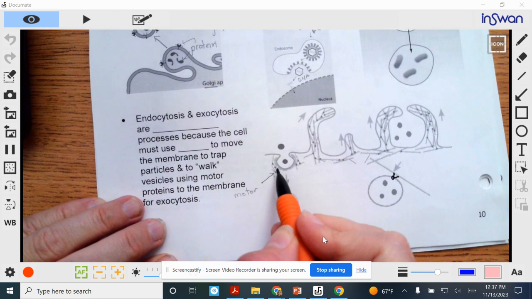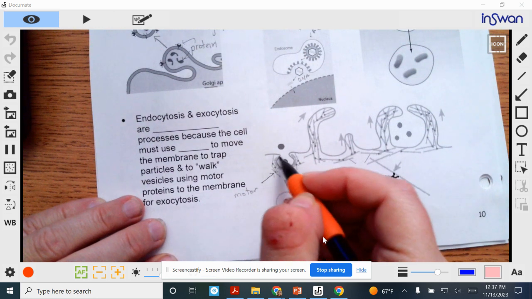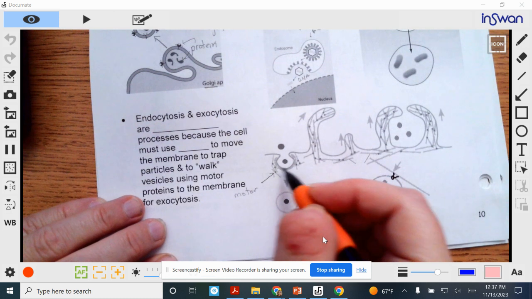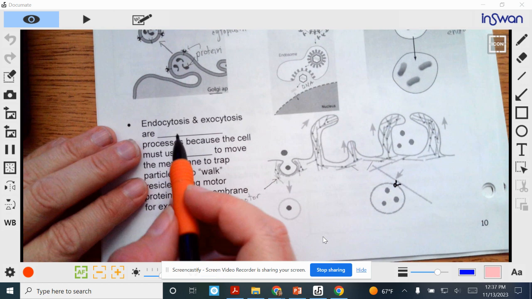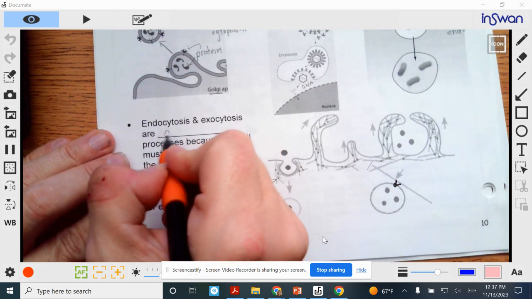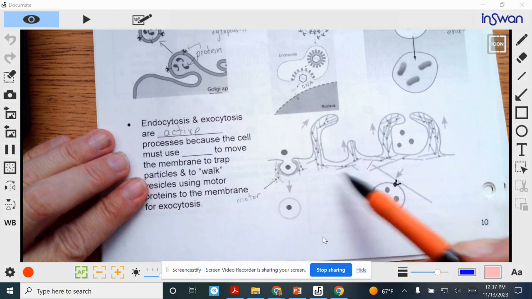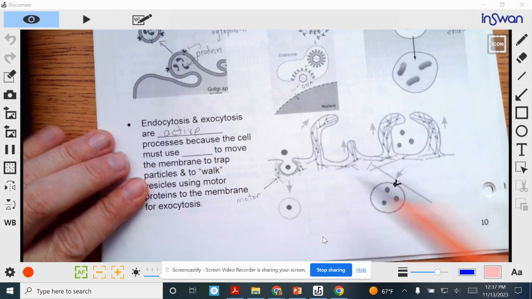And the cytoskeleton is connected to proteins in the membrane. And so the motor proteins can pull using the cytoskeleton that's attached to those phospholipids and make this depression and bring something in. So this is the reason why endocytosis and exocytosis are active processes, is because to manipulate the membrane, to trap, that's going to take some ATP.